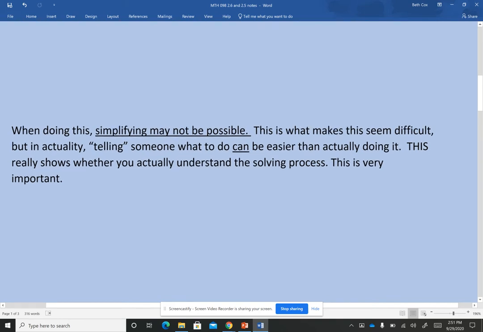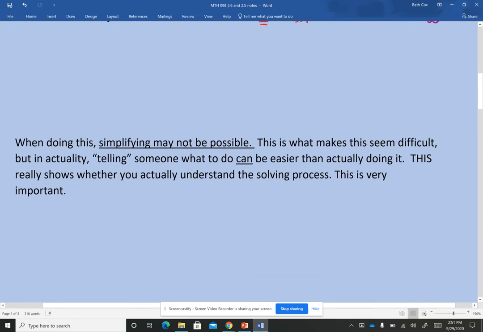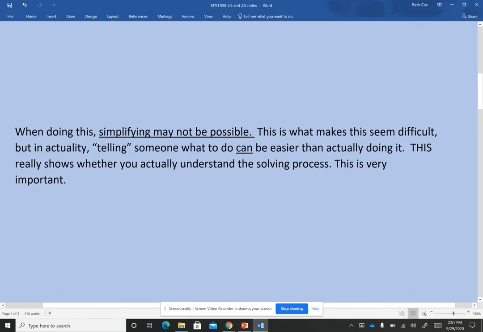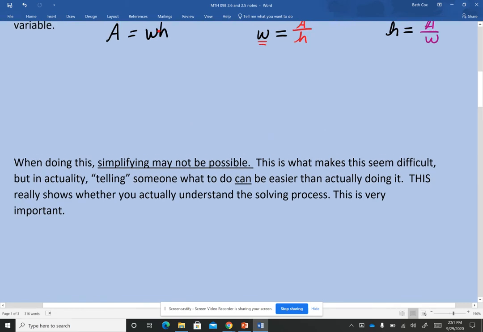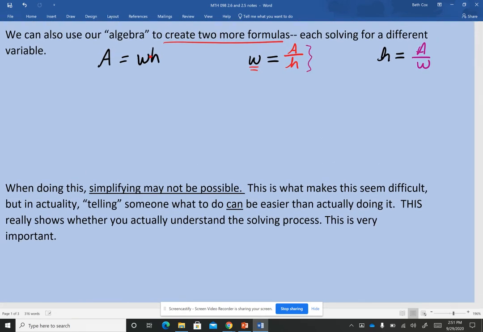All right, so now you just need to know that when we do this, simplifying may not be possible, and that's what makes this seem hard, because what you're really doing is just telling someone what to do. In these problems, to find the W, we just divide A by H. To find H, we take the A and divide it by W. Or to find the A, we multiply.